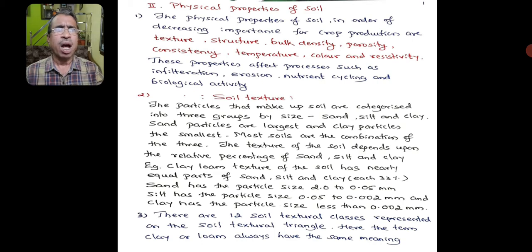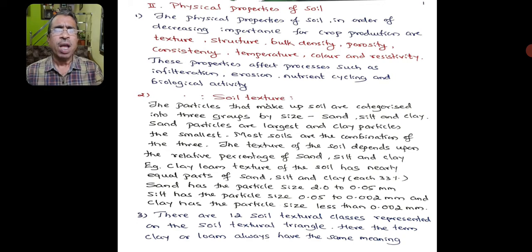Sand particles are largest and clay particles are smallest in size. Most soils are a combination of these three. The texture of the soil depends on the relative percentage of sand, silt, and clay.